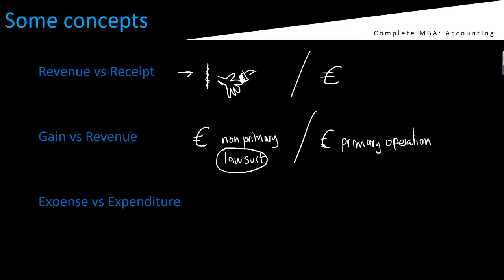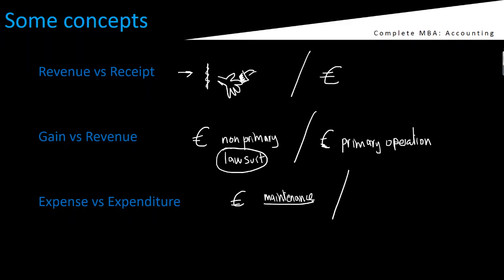The third concept is expense versus expenditure. An expense is a payment done that is necessary to maintain the revenue of a company. This is the primary operation, remember. For example, if you have maintenance on the machinery that you need in order to maintain the revenue, maintenance is usually an expense because it's something that you need in order to maintain those machines and therefore the primary operation.